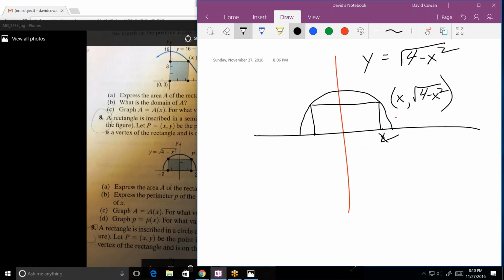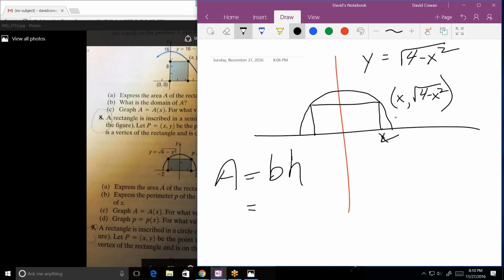Now let's look at that rectangle. What's the base of the rectangle equal to? Area equals base times height. Well, in terms of x, what's the base equal to? Two x. You see why it's 2x?